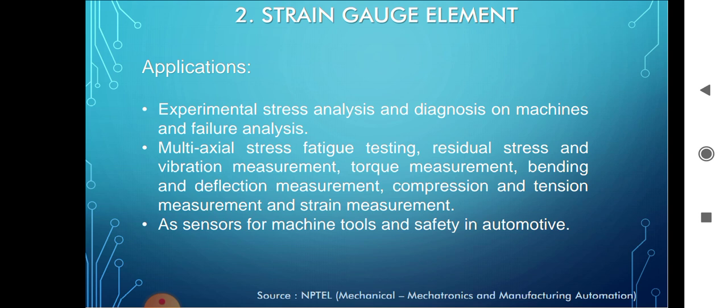Then it is used in deflection measurement, torque measurement, vibration measurement, bending and deflection measurement, compression, tension measurement. All these parameters we will always find in mechanical machines, or we can say in any mechanical machine. So its main use is in the mechanical industry to measure the strain, right?